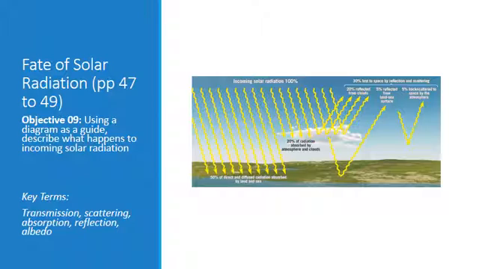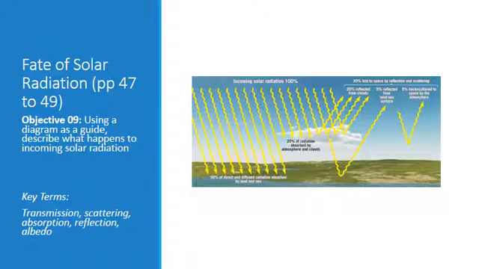When incoming solar radiation enters the atmosphere, three different things may occur simultaneously. First, air, which is transparent to certain wavelengths of radiation, may simply transmit energy, allowing it to pass through without redirecting or absorbing it. Second, some of the energy may be absorbed.